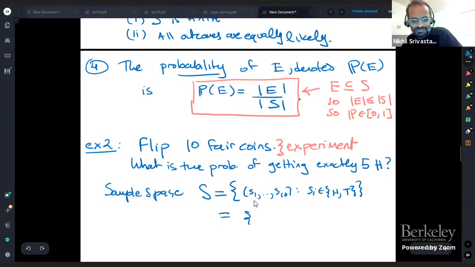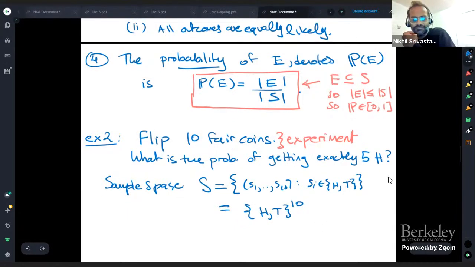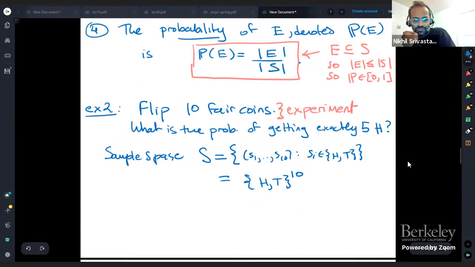Another way of writing this is the set {H, T} raised to the 10, a Cartesian product of the set with itself 10 times. One difference here is we're not enumerating the elements of the set. It would have 2 to the 10 elements, about 1,000. So this is one difference from the previous example. We don't have to explicitly write the sample space every time. So that's item 2 on the list.